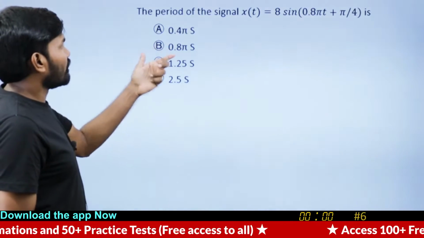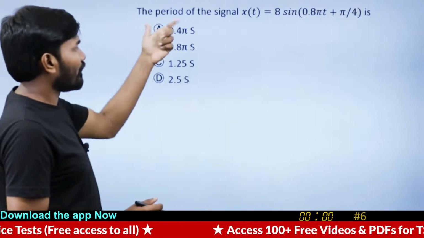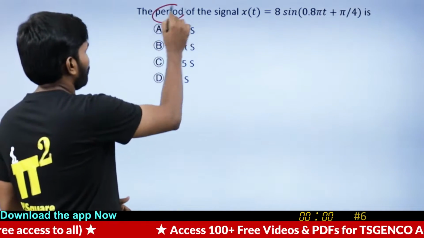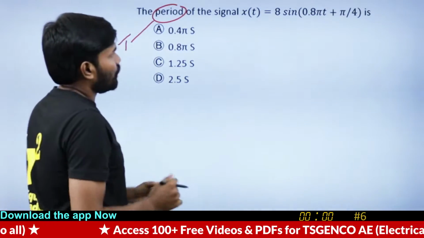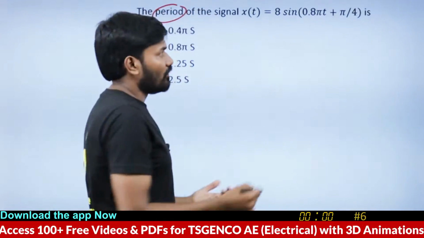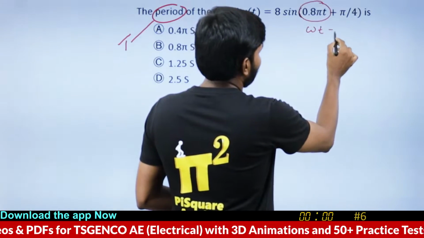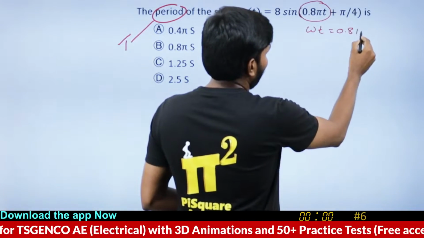The period of a signal, it is asking about time period. How many seconds? These are all in seconds, time period. Okay. So the question is about the time period. So you got a signal, and it's also for time period. Come on. This is omega t. Omega t is equal to 0.8 pi.